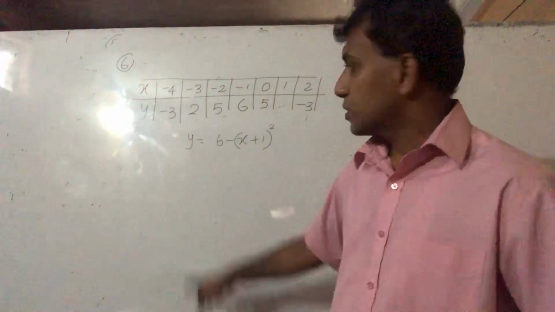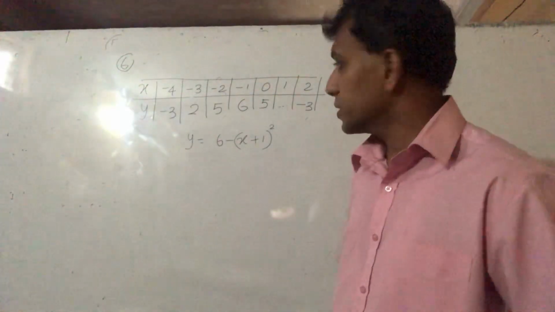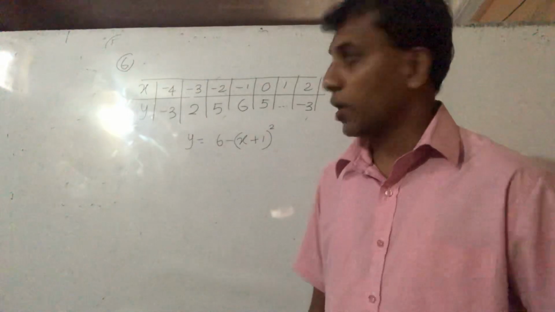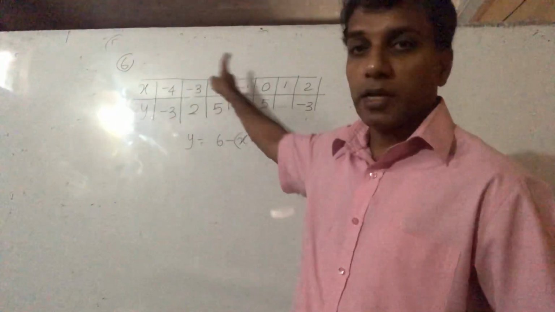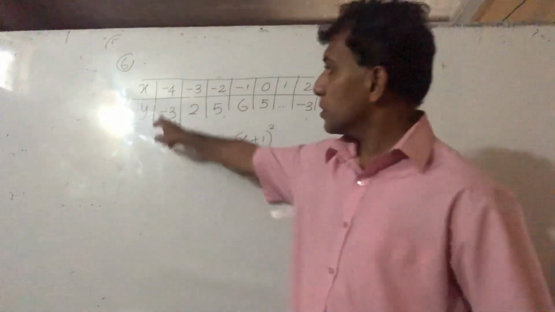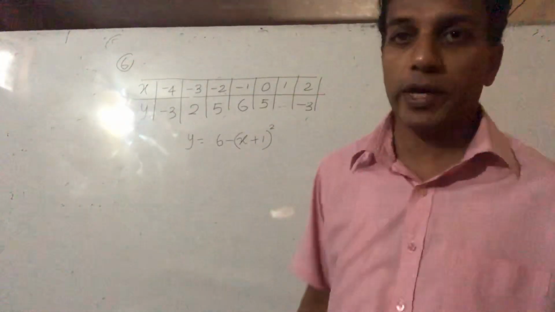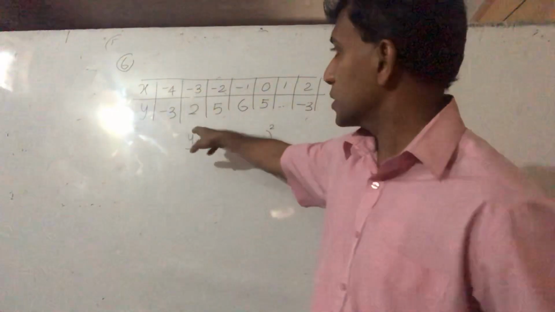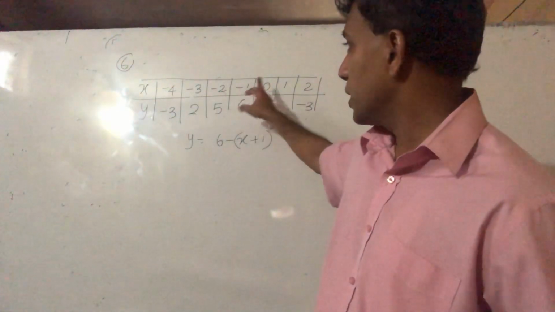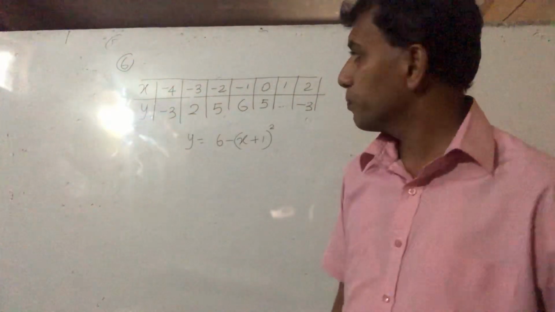Problem number 6: y equals 6 minus (x plus 1) all squared. A table is provided. The x values start from minus 4 to plus 2: minus 4, minus 3, minus 2, minus 1, 0, 1, 2.